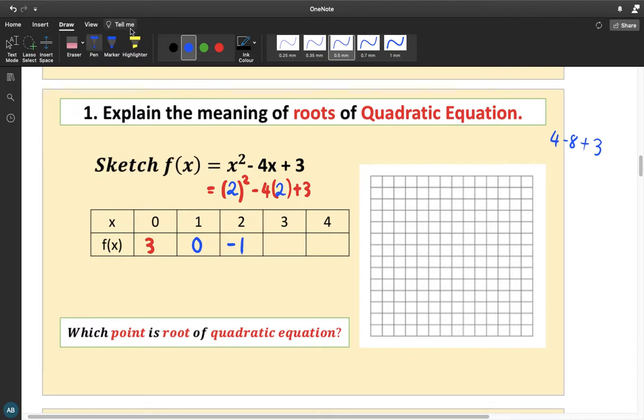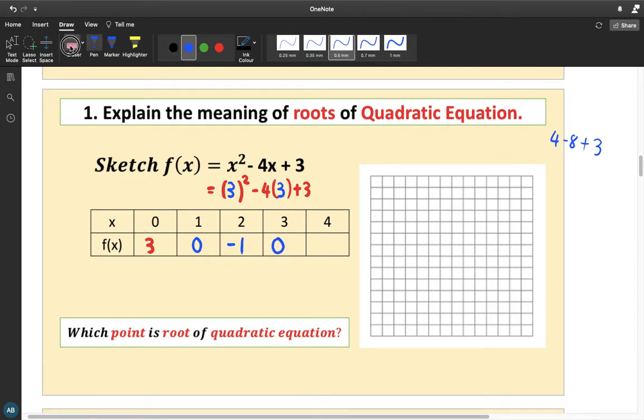Okay. So next, point yang ketiga, kita masukkanlah, point that is x equals to 3. So we put in 3 kat sini. So kalau kita kira 9 tolak 12 tambah 3, I will not go through this sebab ni adalah what you guys should have known. 9 tolak 12 tambah 3, so you guys will get kosong kat sini.